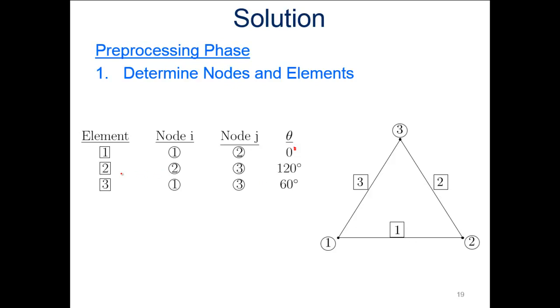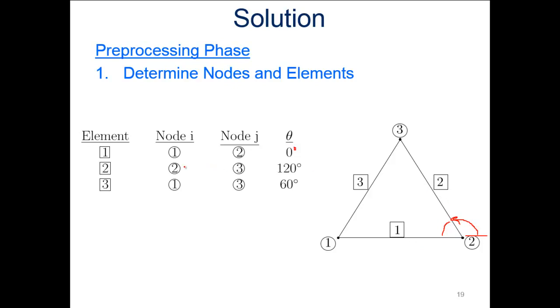For element 2, node I is node 2, and node J is 3. You can see if this member started out like this, and then worked up, and we measure the angle like this, we would get an angle of 120 degrees, because this interior angle here is 60, so the outer one is 120. You could also do it differently.